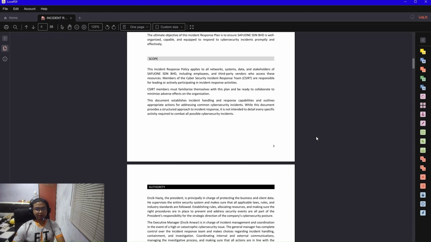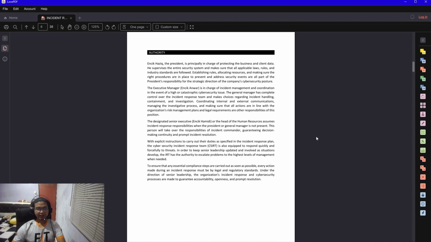Members of our cybersecurity incident response team, or CSET, are responsible for leading or actively participating in incident response activity. For this IRP, the authority is Encik Haziq, the president, who is in charge of protecting the business and client data.